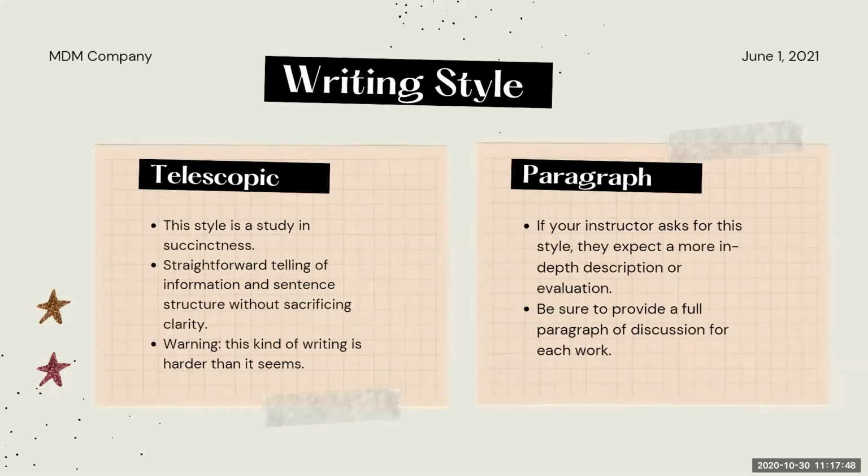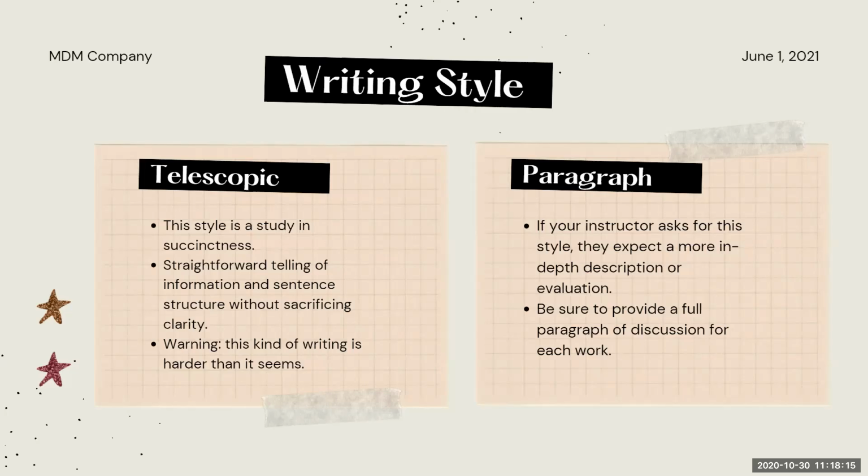And lastly, there are some writing styles that you can use when you're putting together an annotated bibliography. The first being telescopic. This type of style is a study in succinctness, so it's really straightforward. It tells information that is relevant and it has a very straightforward sentence structure that doesn't sacrifice clarity.